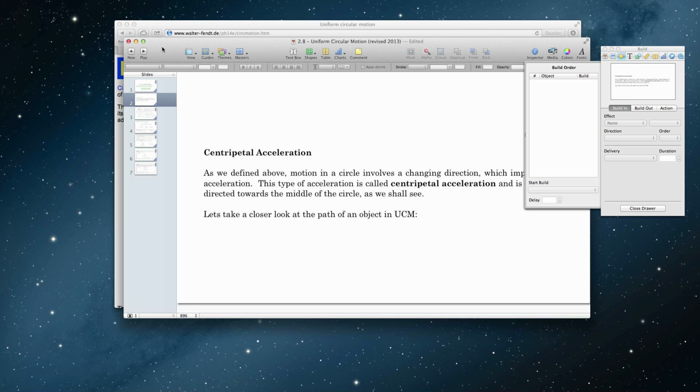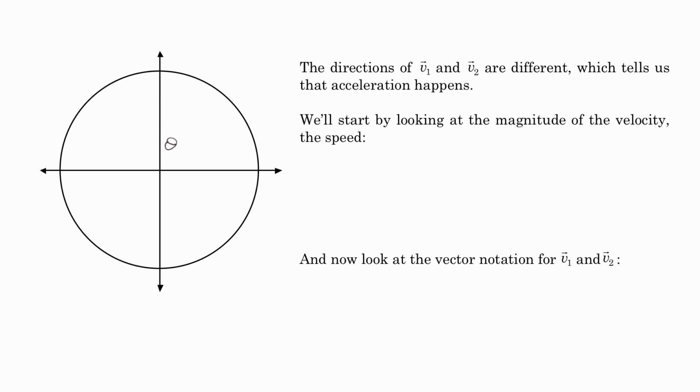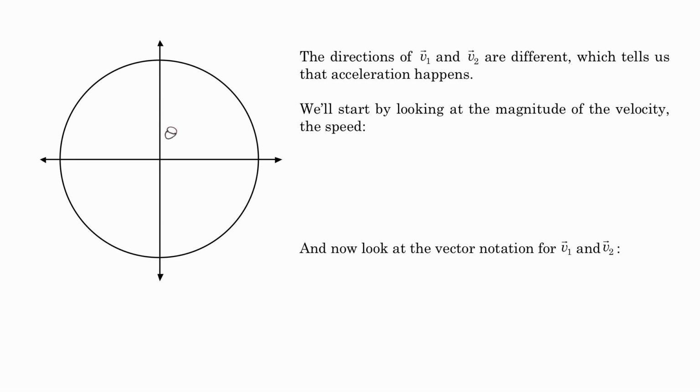So why don't we take a look at that now? Here we have a little diagram of a Cartesian coordinate system, and we've got our circle path that's been drawn here for us. Let's take a look at 2 positions.